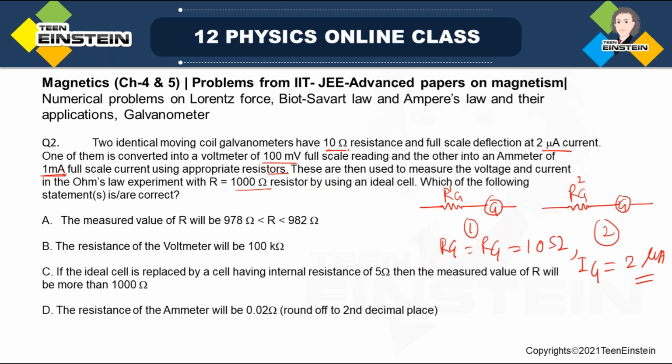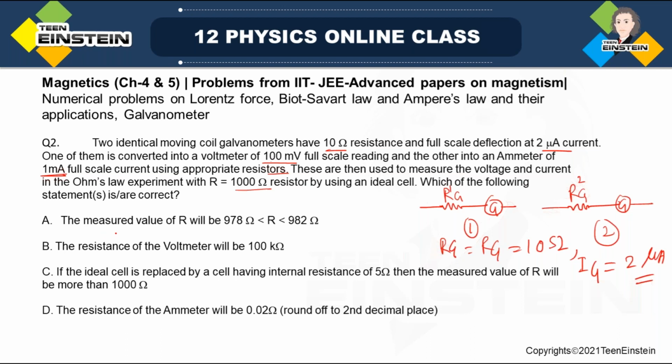So see, I have two identical galvanometers, one of which is converted into a voltmeter and the other into an ammeter, and both of them are used in Ohm's law experiment, where we are using a 1000 ohm resistor and also an ideal cell. So which of the following options are correct?